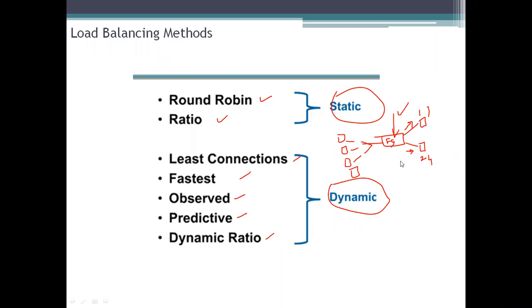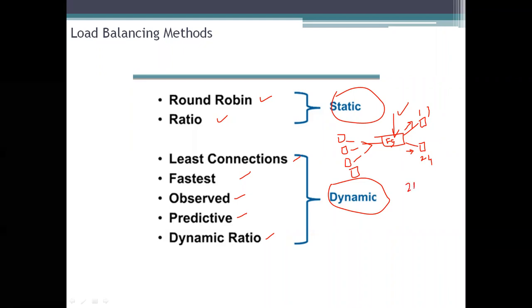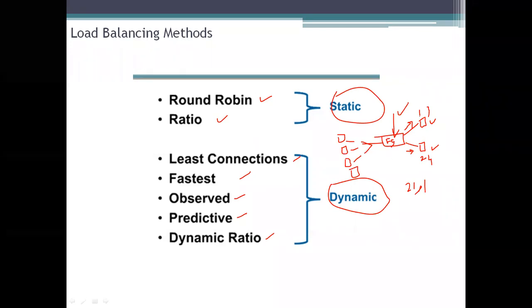Similarly, in ratio you can define, let's say, 2 to 1. Let's say this server's hardware capability is higher. Say it has 8 GB RAM and this one has 4 GB RAM. In that case, if you use equal load balancing, this weaker server can be impacted more. So if the first server is more powerful, you can use the ratio 2 to 1.